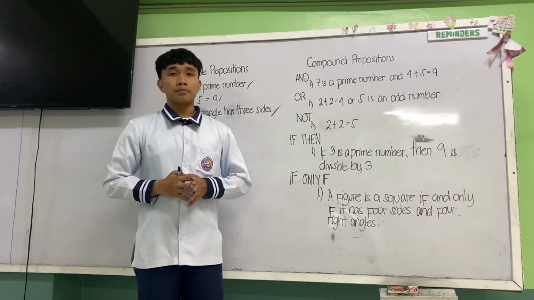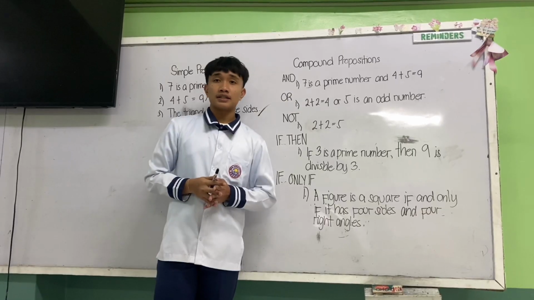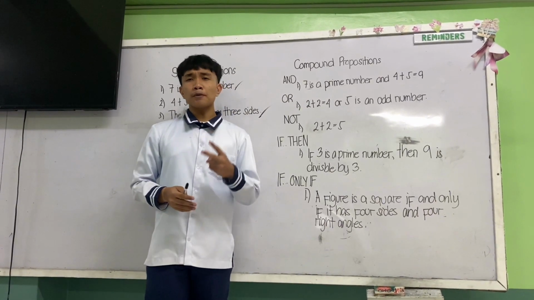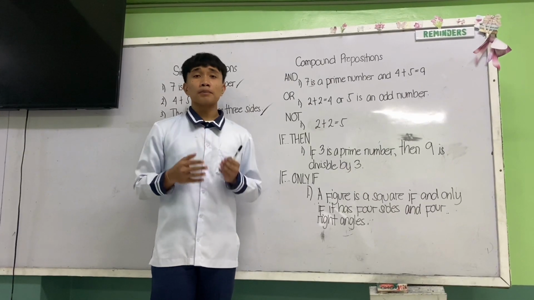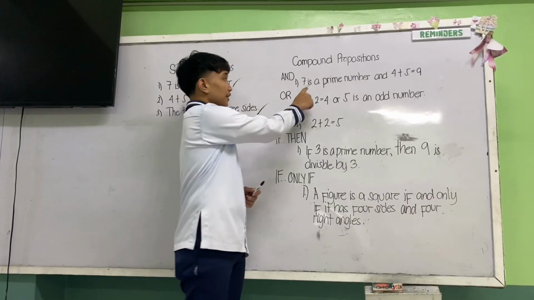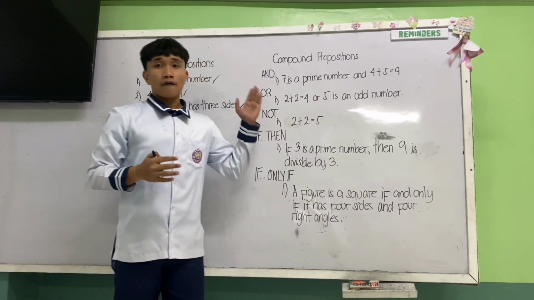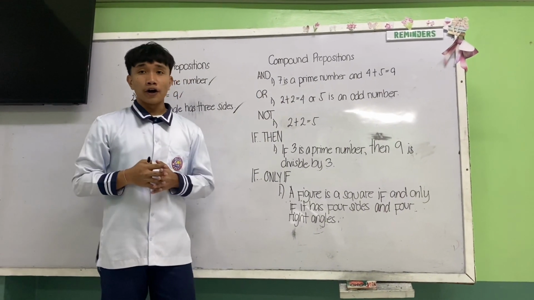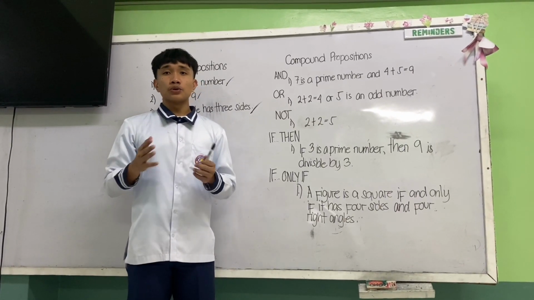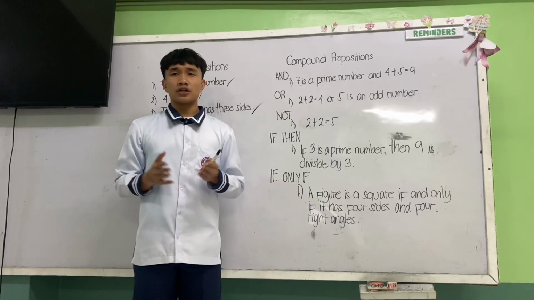So let's go to examples. The first proposition is 7 is a prime number. The second proposition is 4 plus 5 equals 9. So the combined is, 7 is a prime number and 4 plus 5 equals 9. So the result is true because both parts are true.